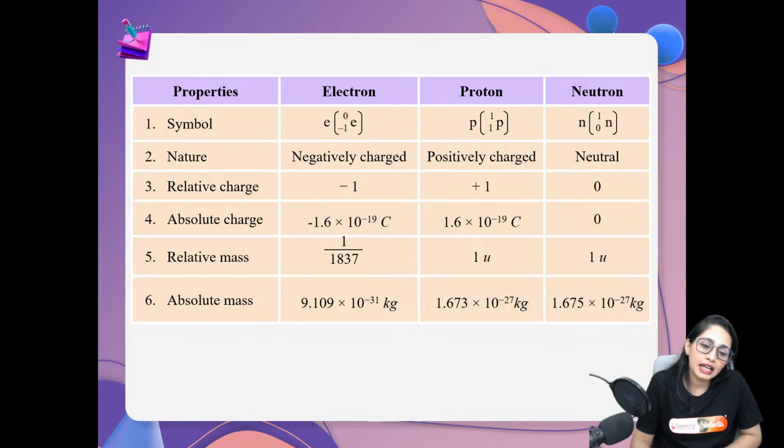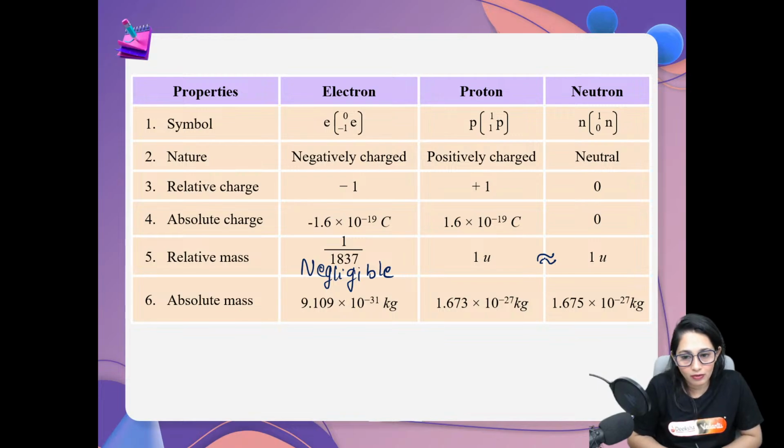Relative mass: the mass of the electron can be neglected, it is negligible. But proton and neutron almost have the same relative mass, 1 atomic mass unit. Actually, neutron has a slightly more relative mass than that of proton. Next, absolute mass, e by m is nothing but absolute mass.